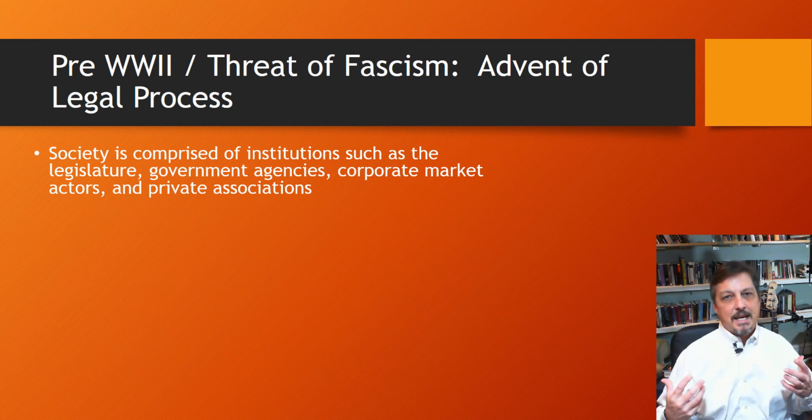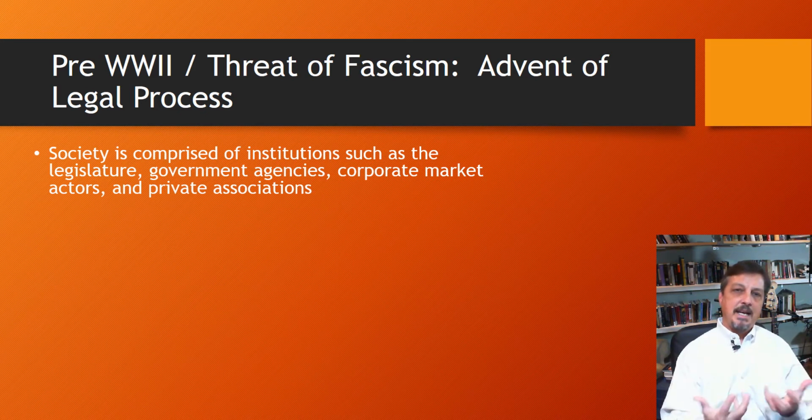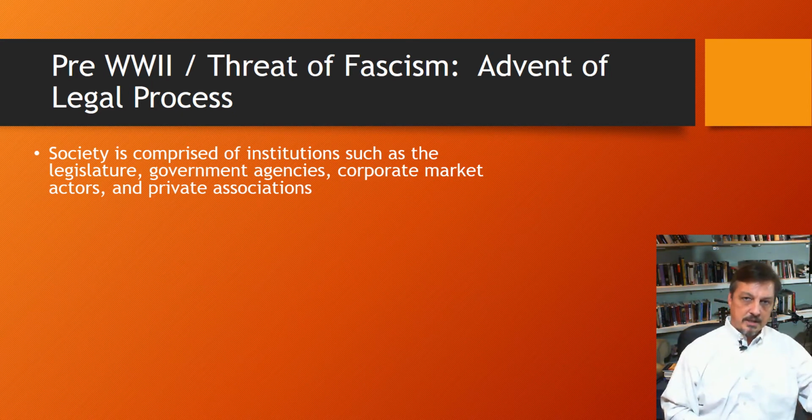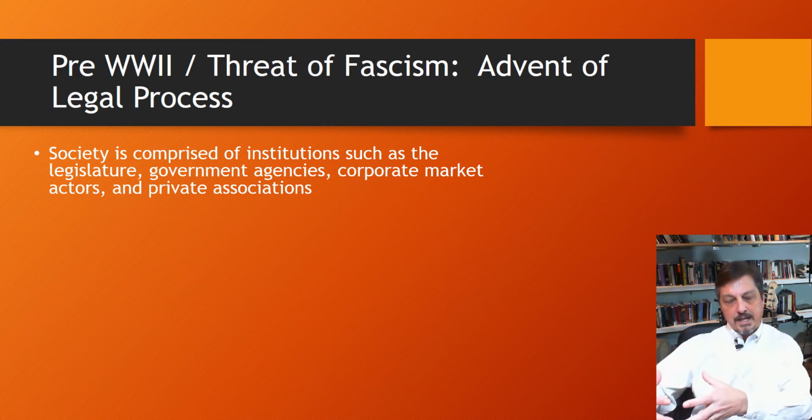So the idea is that we need to think of society as an organic whole comprised of different institutions. So there's a really important institutionalist thread to the legal process thinking. The legislature is an institution. Government agencies.